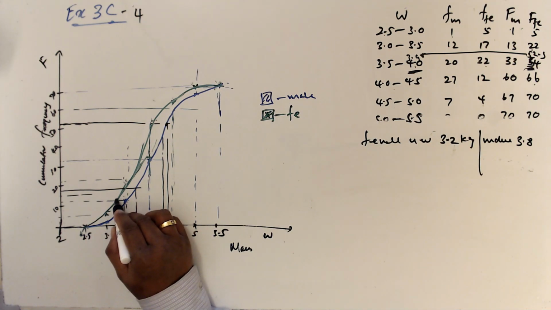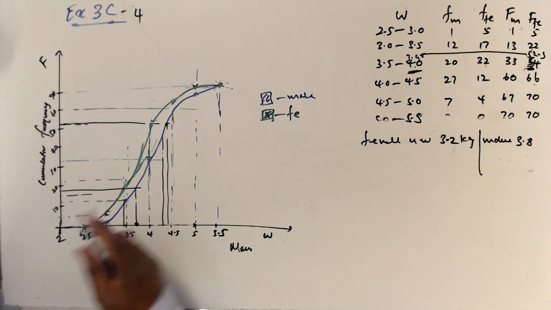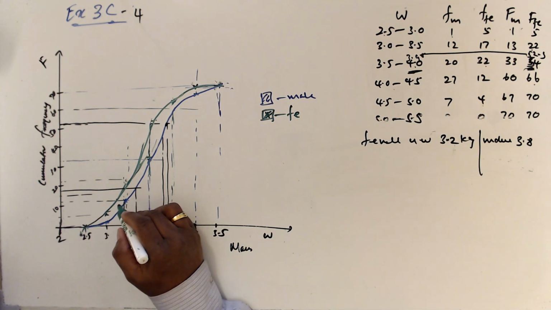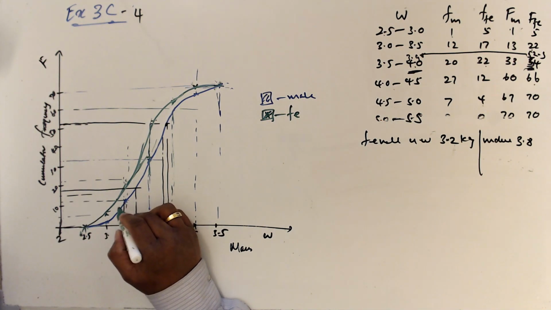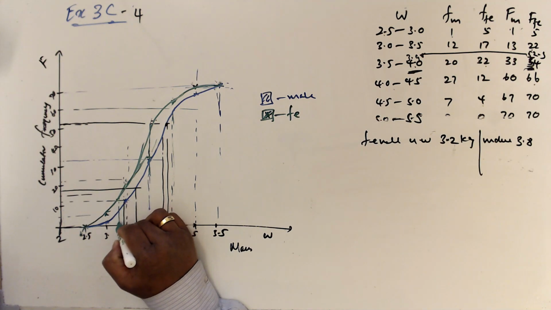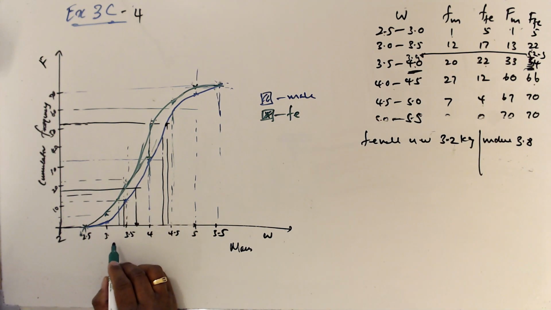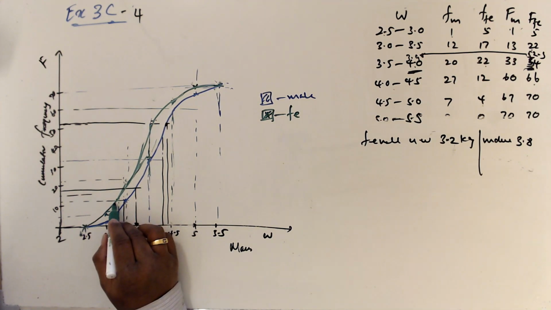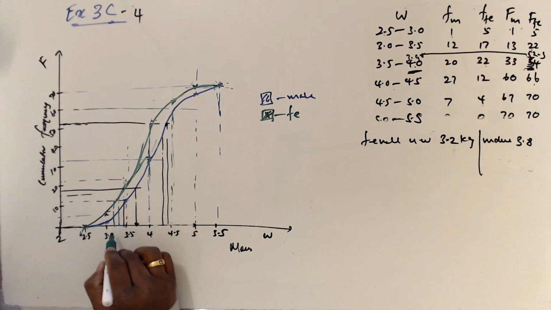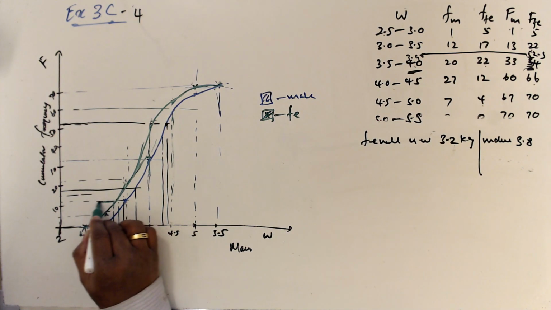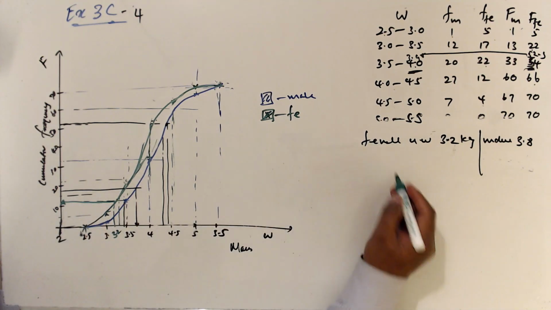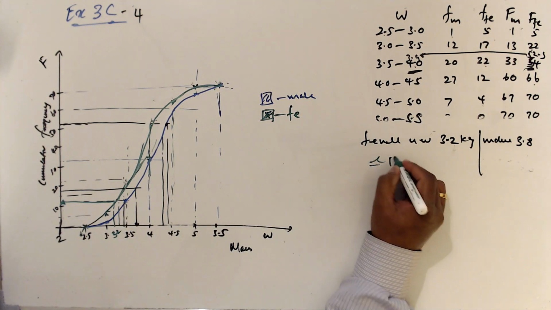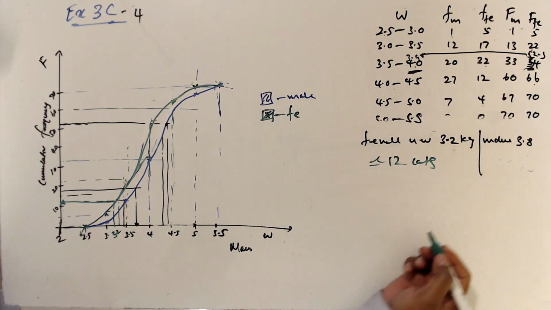So this is the female curve, 3.2, and I draw this one. So approximately about 12 cats.